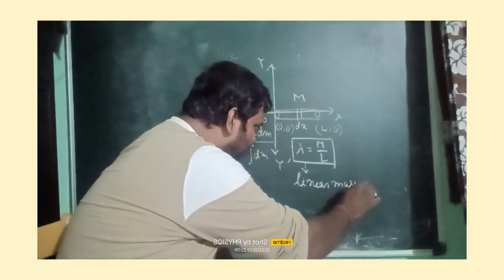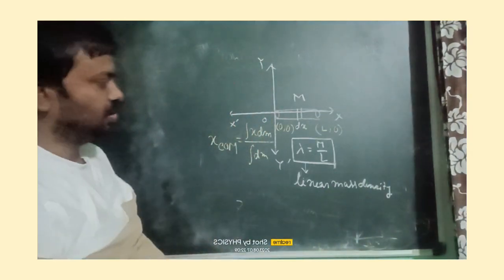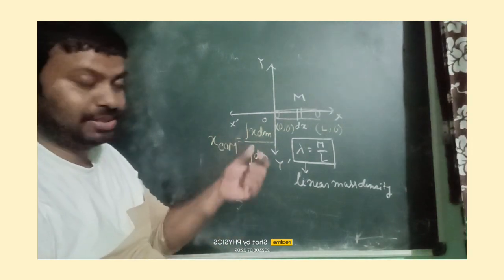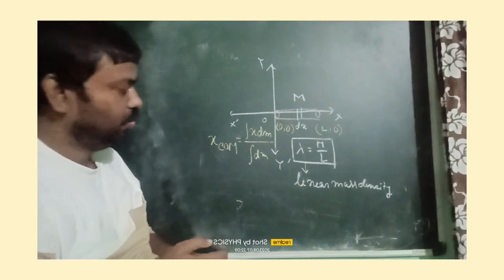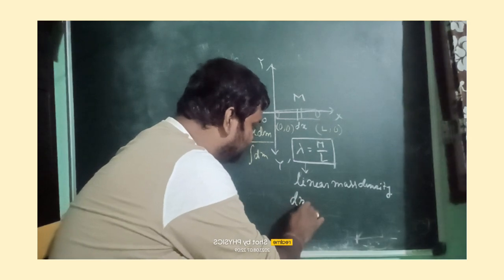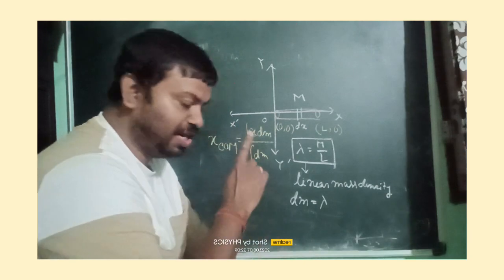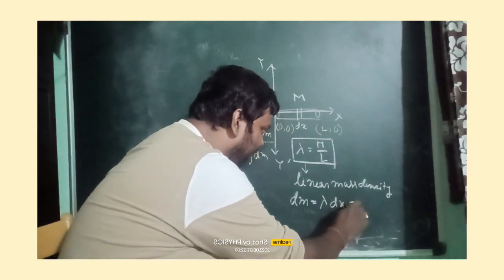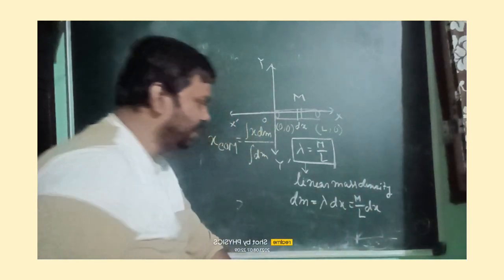Now to find the mass of the dx portion, that is the small portion of the rod, what is the mass of the small portion dx, that is the dm? Let us consider dm equals the linear mass density, that's the mass per unit length, multiplied with dx, that is lambda into dx, that is equal to M by L into dx.